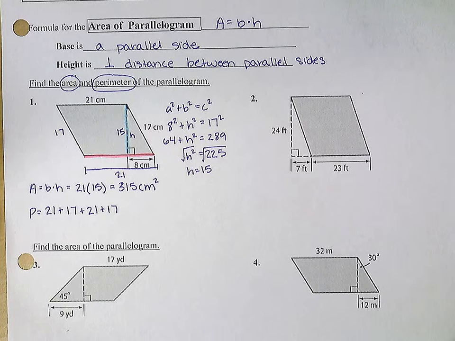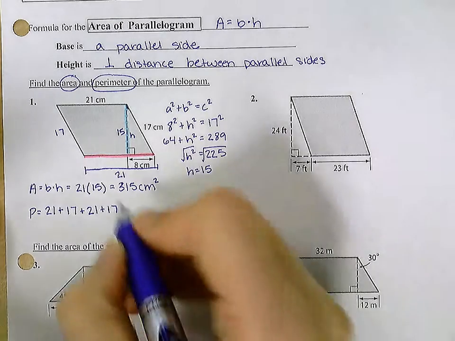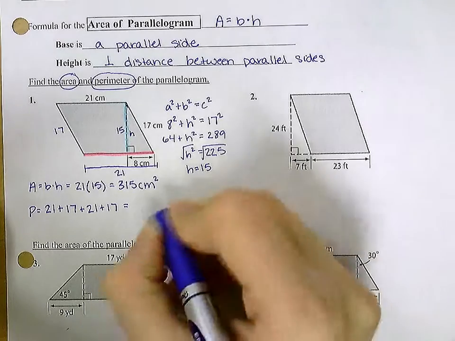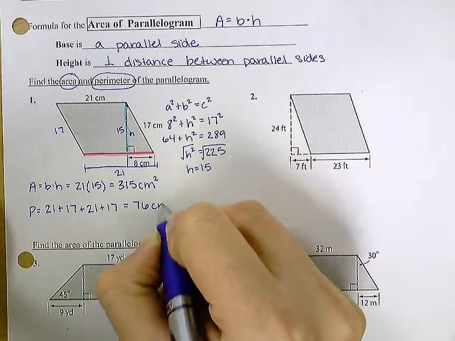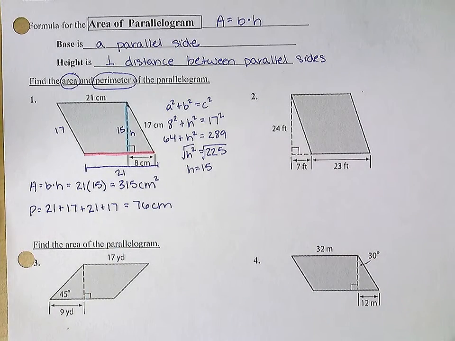You do not add in that 15. Okay, that length of 15 is inside of that parallelogram. To find the perimeter, you're taking everything on the outside. Okay, this is equal to 76. And that one is just in centimeters, not centimeters squared. You're not multiplying two lengths together.